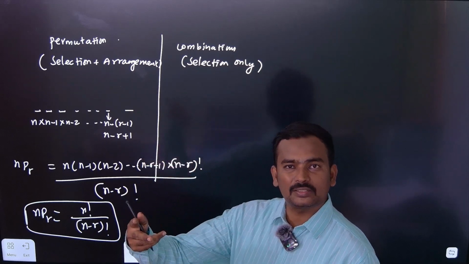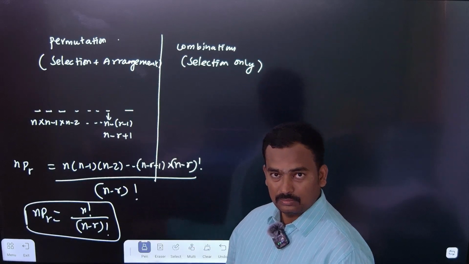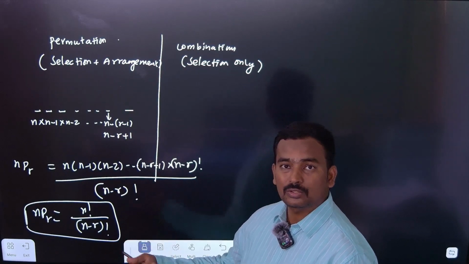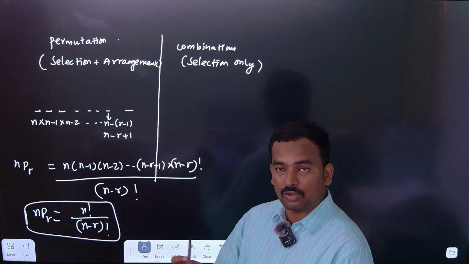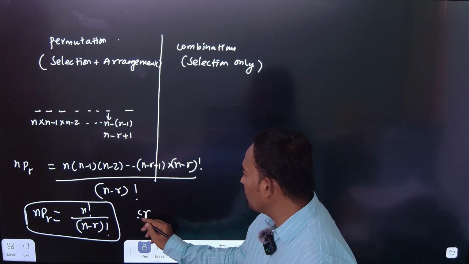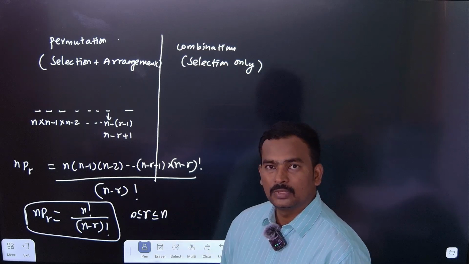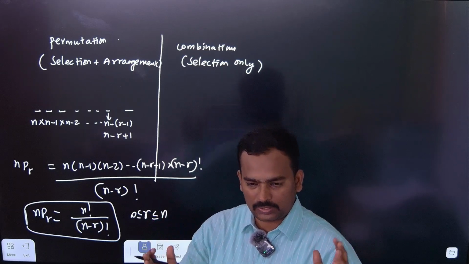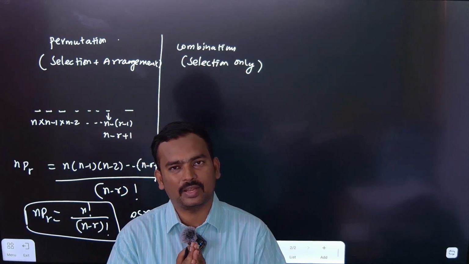If n objects are there, you have to select n also, or 1 also, or 2 also, 3 also, right? But it should be in the range. R would be 0 to n only. Suppose there is a box, 4 balls are there in the box.